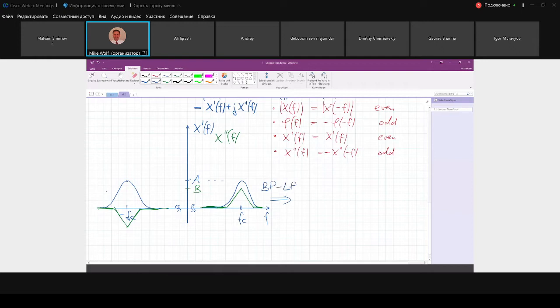This is just an abbreviation from bandpass range to low-pass range. And we want to do a shift of the spectrum to a useful frequency. Let's say it's the carrier frequency of our original laser diode.